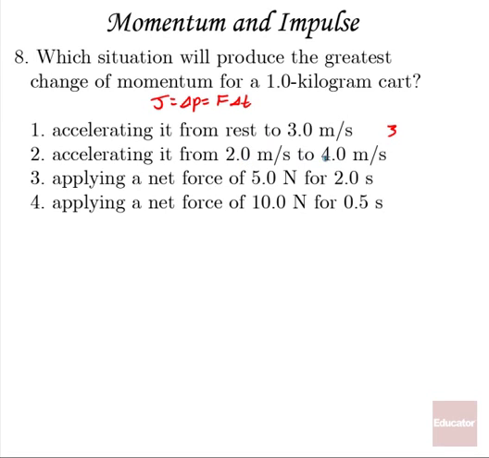Accelerating it from 2 to 4, that'll be 2 times 1, or 2 kilogram meters per second. Applying a force of 5 newtons for 2 seconds, force times time, that'll be 10 newton seconds. Or applying a force of 10 newtons for half a second, that'll be 5. Without a doubt, the largest impulse or change in momentum will be number 3, 10 newton seconds, or 10 kilogram meters per second. Let's try one more.